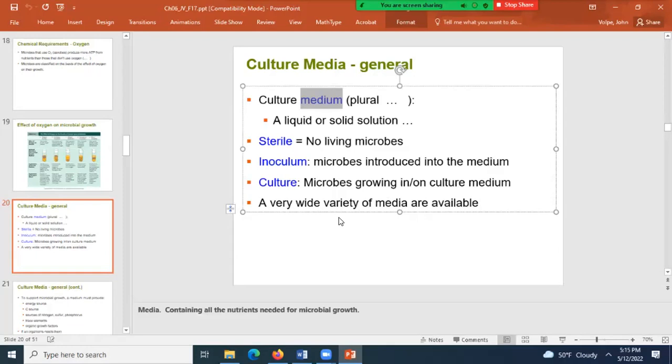If you were in the lab, I'd show you a book. It's about this wide and that long, and it's about that thick. On each page of that book, there's about one media. So that tells you how many different media we have in microbiology. Any question about any of that?